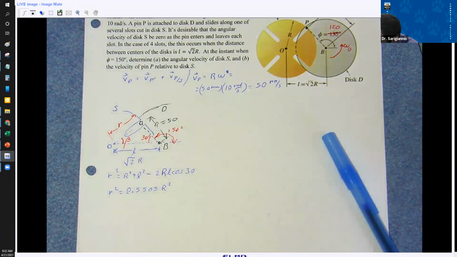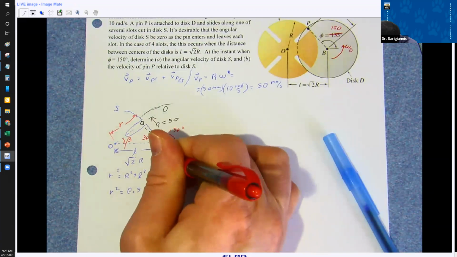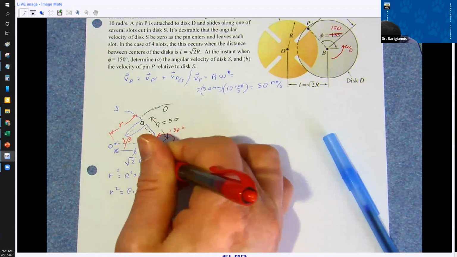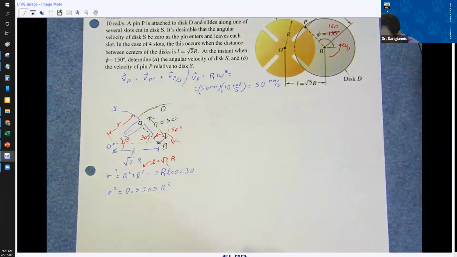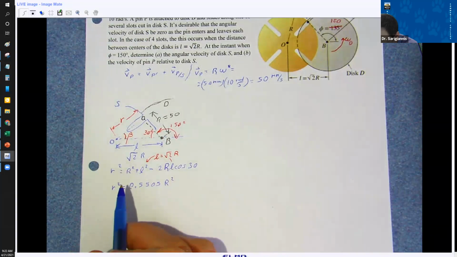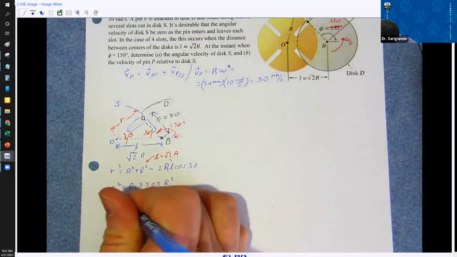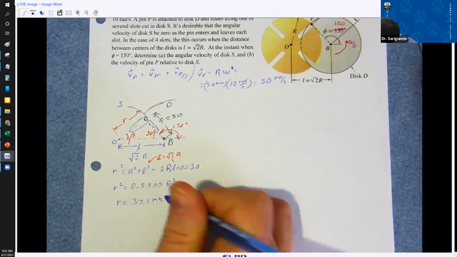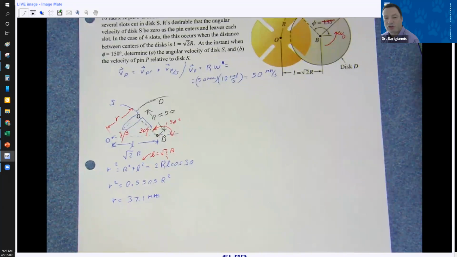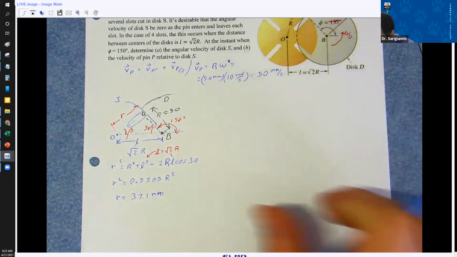Just make a note here: L equals square root of 2 R. We can substitute that in. So if R is 50, you wind up with little r equals 37.1 millimeters. This is just geometry here. It has nothing at all to do with anything that we've done so far.